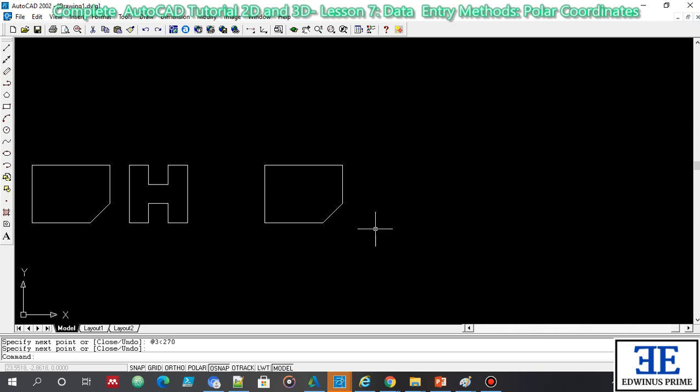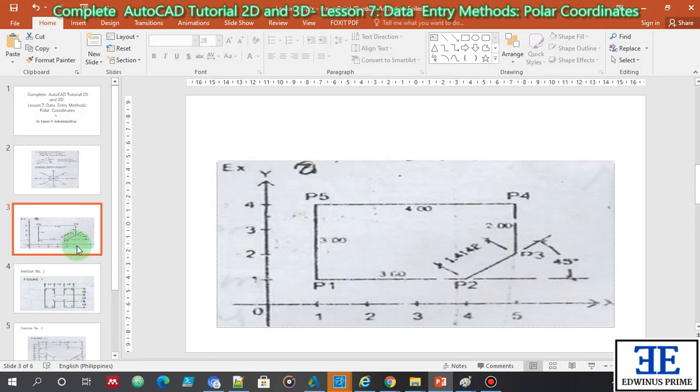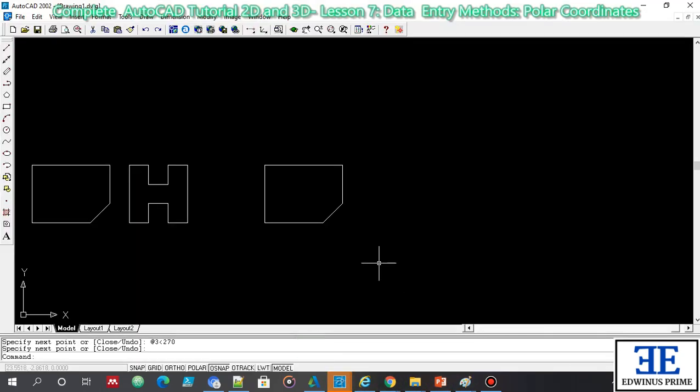We will draw this figure also using the polar coordinate method. Let's draw a line.